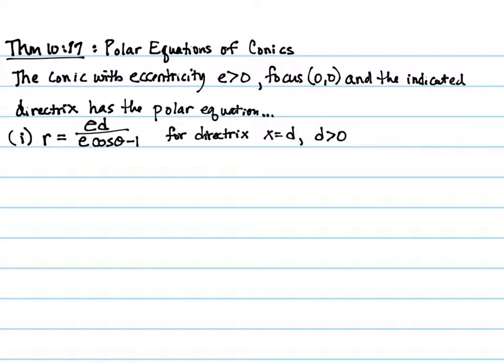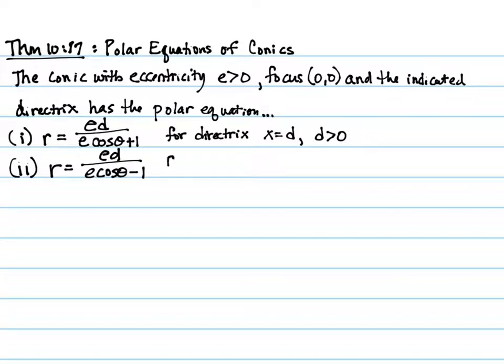The second one is really similar. The equation is the same thing, except it has a negative sign underneath. So it's e d over e cosine of theta minus 1. I totally have those backwards, I apologize. The first one should say plus 1. I got off of my lines. The second one's supposed to be minus 1. Let's get that fixed.